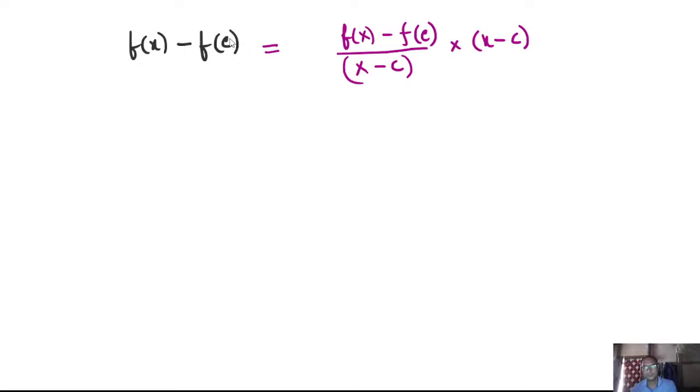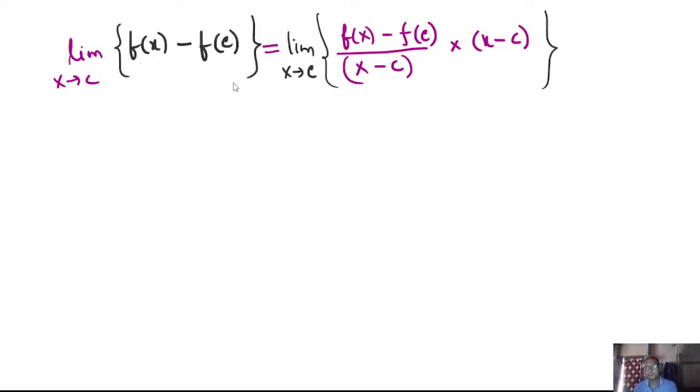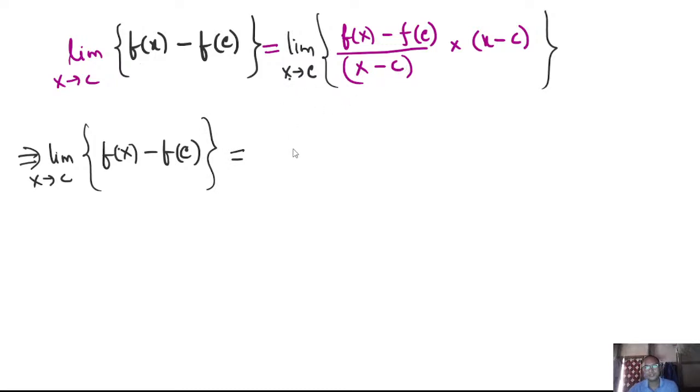Now, if you take the limit here, the limit as x tends to c, this implies the limit as x tends to c of f of x minus f of c is equal to the limit of the first factor, multiplied by the limit as x tends to c of x minus c.